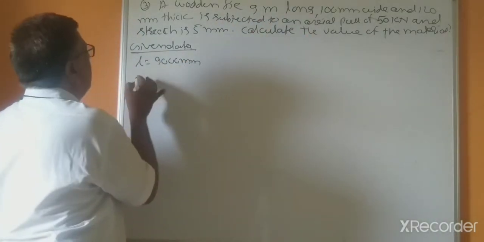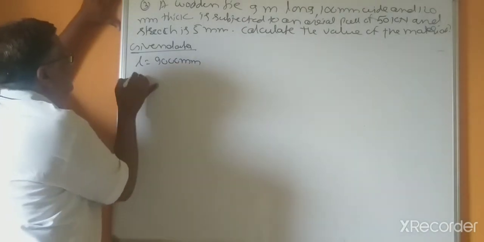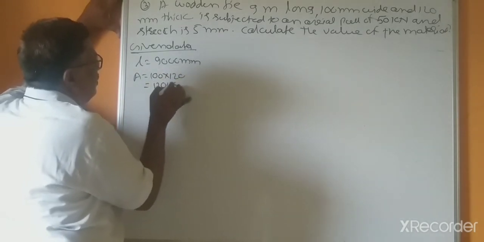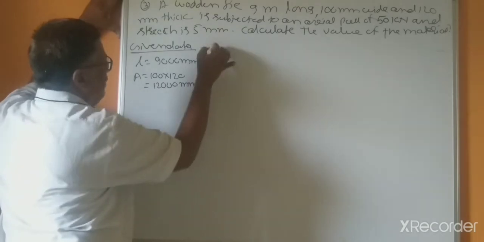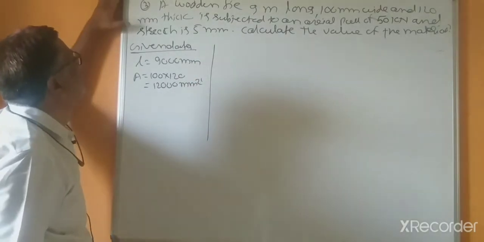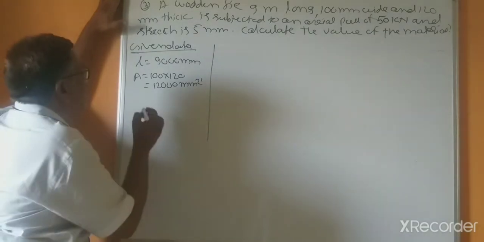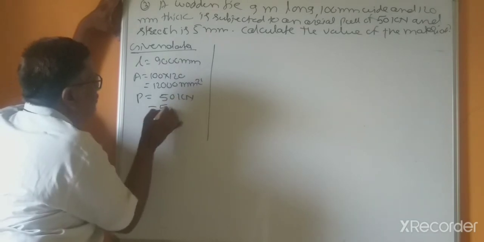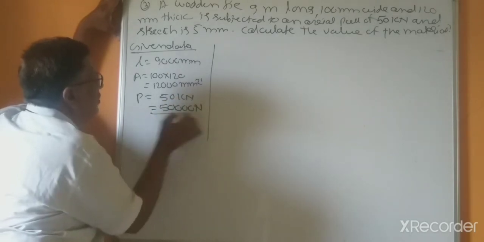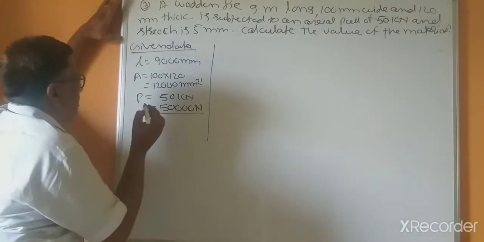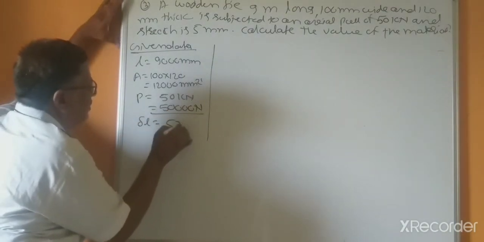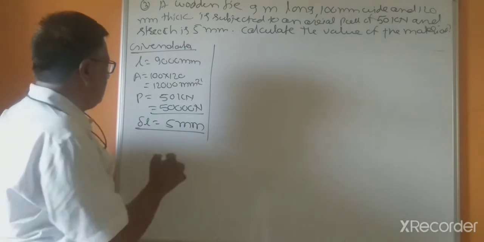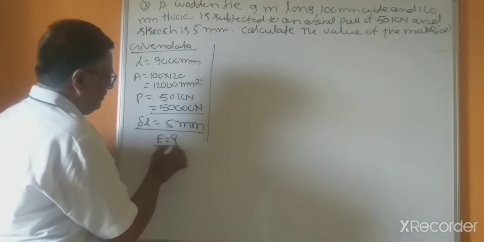Area of cross section is 100 into 120, so this is 12,000 mm squared, right? Subjected to axial pull P equal to 50 kilonewtons, which means 50,000 Newton, and stretch delta L equals 5 mm. E is to be calculated.